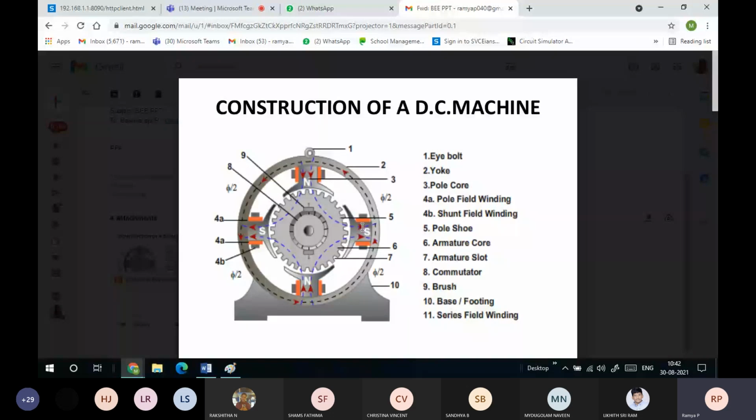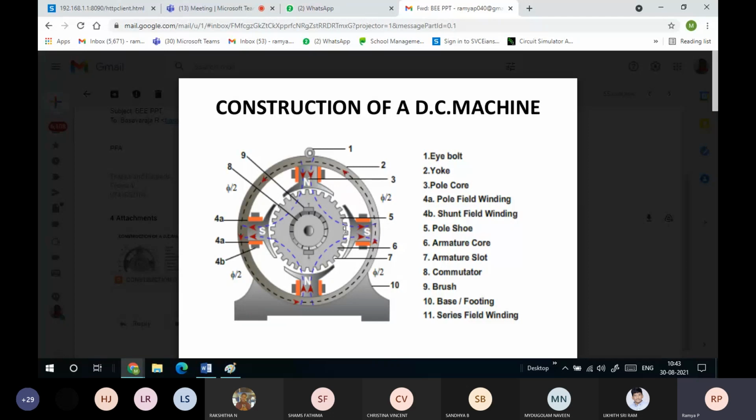Hence the armature winding and the field winding both come in contact with the pole shoe, and the flux is induced in the system. These flux lines in turn generate the EMF in the system.